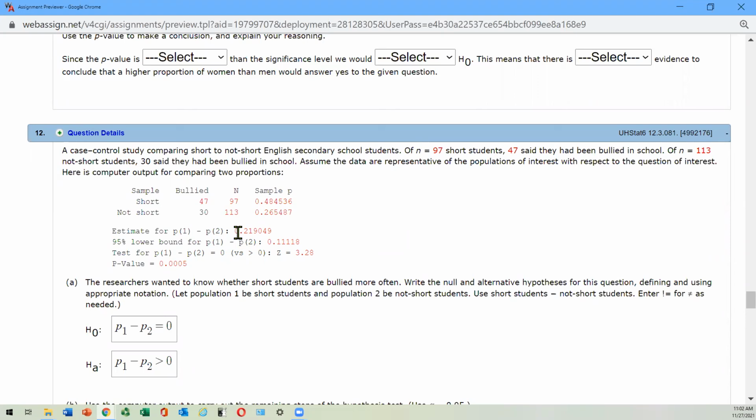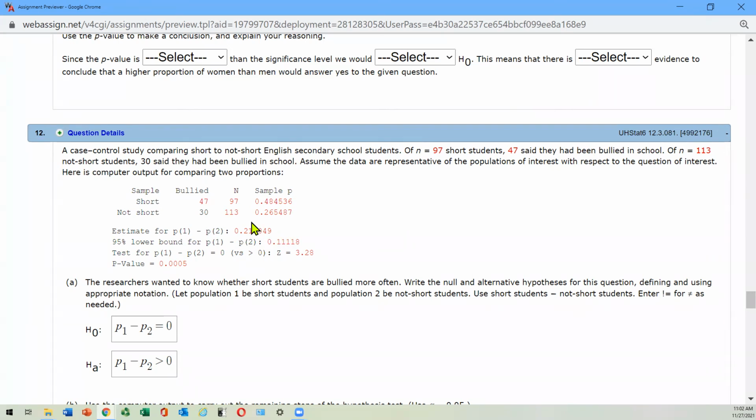So I'm taking this number and subtracting that from it. And the answer I get is 0.107869.